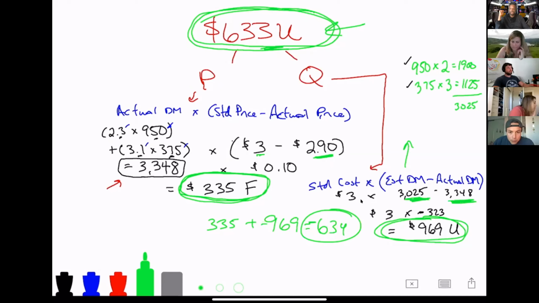So here's the story. The purchasing manager comes in and says, hey guys, I found a new vendor where we can purchase our wheels. And if we purchase our wheels from this new vendor, we're going to save 10 cents per wheel. We can buy in bulk. And they go, wow, that sounds great. Let's do that because we want favorable variances, or we know that we're going to have an unfavorable variance somewhere else.